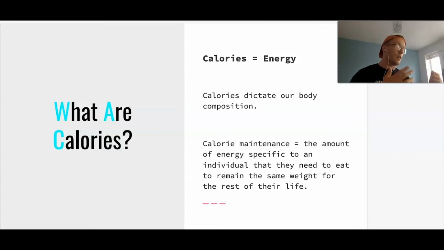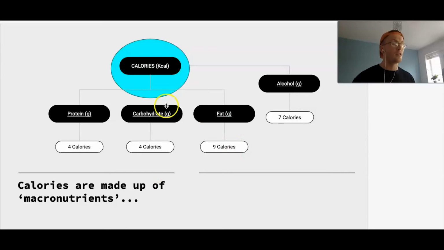Within calories, there are certain things called macronutrients. If you look at this graph here, it might help you to understand macronutrients a little bit better. All of the calories that we consume are made up of different nutrients that our body needs. These are shown in the diagram. So we have protein, carbohydrates, fats, and then we also have alcohol, that I don't necessarily recommend that you have on a frequent basis, and maybe you monitor or limit your alcohol consumption.